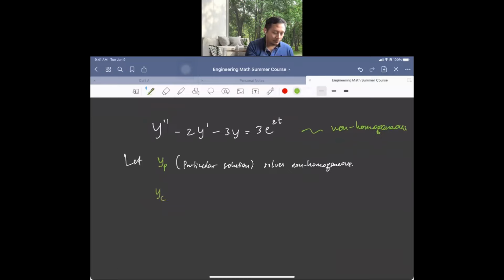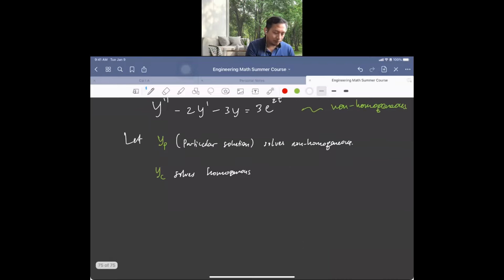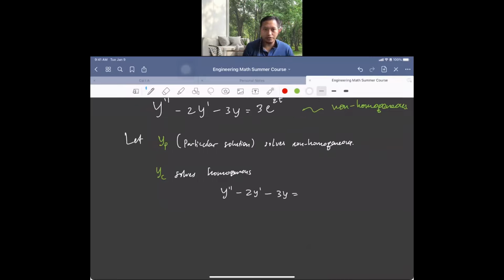And we can have, let's say yc, for solving the homogeneous one. So the homogeneous is y double prime, let's say, equal to 0.